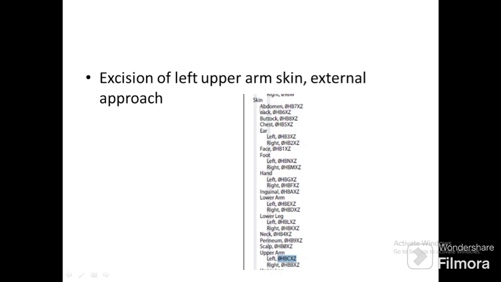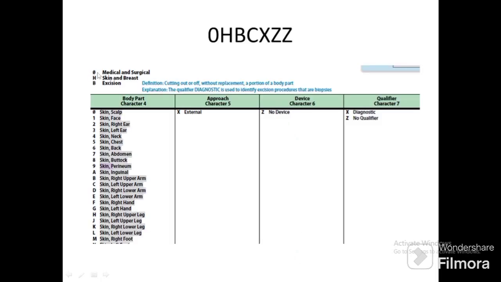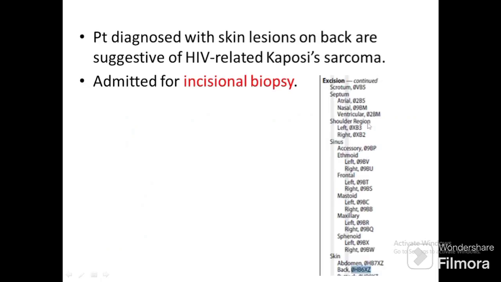Again, first we search for excision in the index, then skin, then upper arm, left upper arm. So 0HB. Under table 0HB we search for skin of left upper arm, which goes to C. Next, external approach, no device, and no qualifier, because it is not for diagnostic purpose.